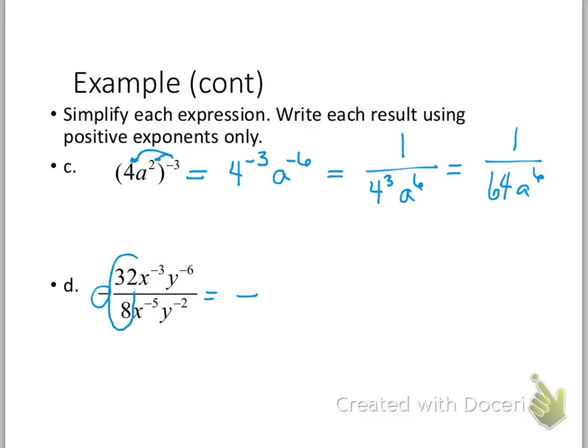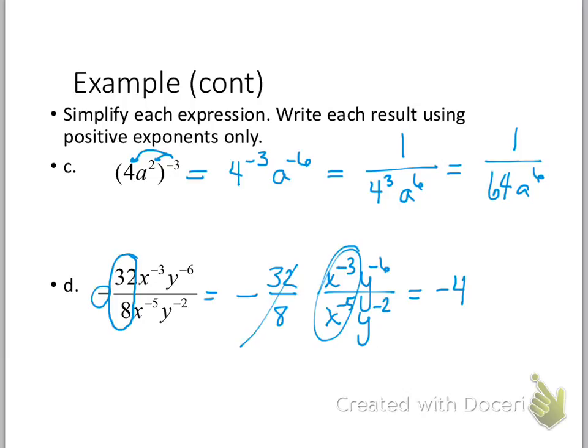This right here, 32 over 8. I can kind of separate this into two fractions. 32 over 8 can be simplified. What is 32 divided by 8? It's negative 4. Okay, so we've dealt with that.